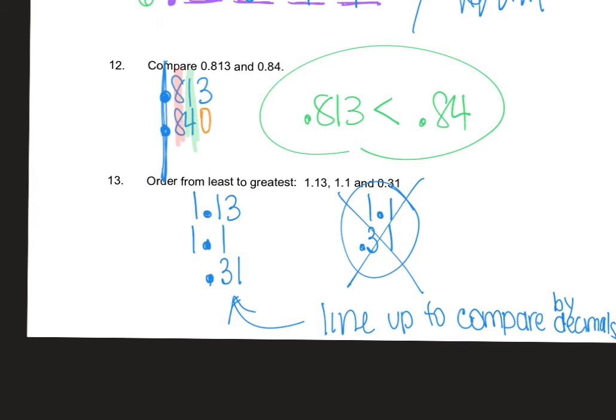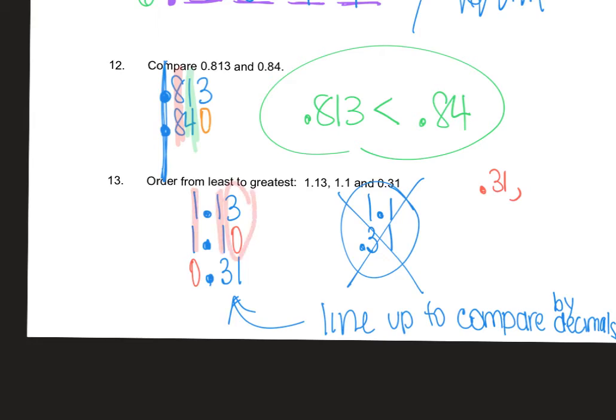Okay, so we have that, and then we're looking for which one is bigger, or least to greatest, or however you want to call it. Remember that anywhere you have those blank spaces, you can even them out with the zeros. So right away that helps you to see that if we're going from least to greatest, our least is definitely the one with the 0 as our whole number. So we have 0.31. And then if we compare the ones, these are the same, these are the same.